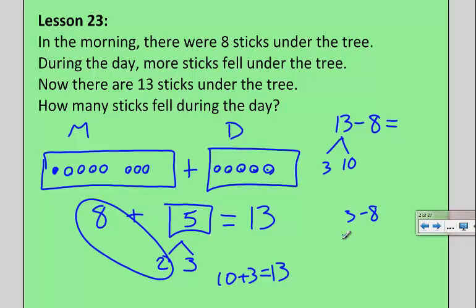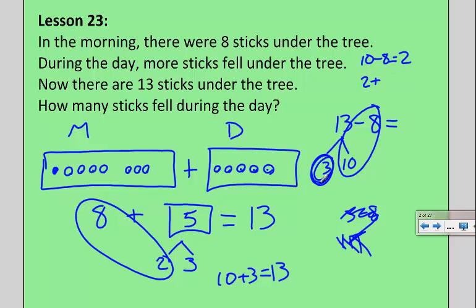Well, no, because if you have 3 of something, you can't take 8 away from it. There's not enough. So I'm going to take from my 10. So I'm going to do 10 minus 8 as my first fact, which leaves me with 2. And then I need to do 3 more. So my second fact is 2 plus 3 equals 5.